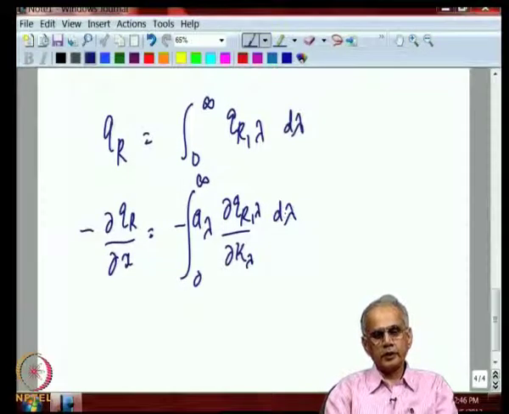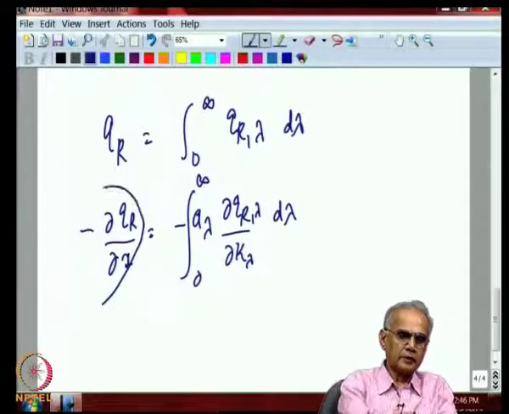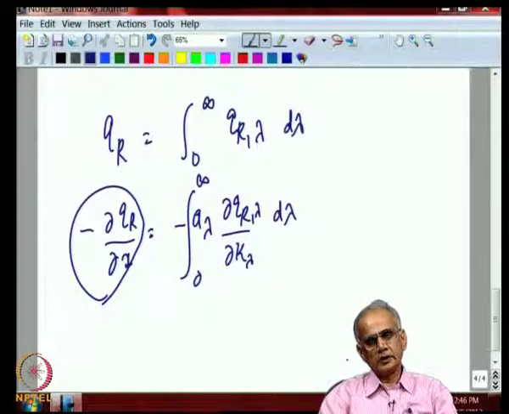So, ultimately the quantity of interest to us is this term, minus the divergence of q r, that represents the total energy added to the system by radiation.